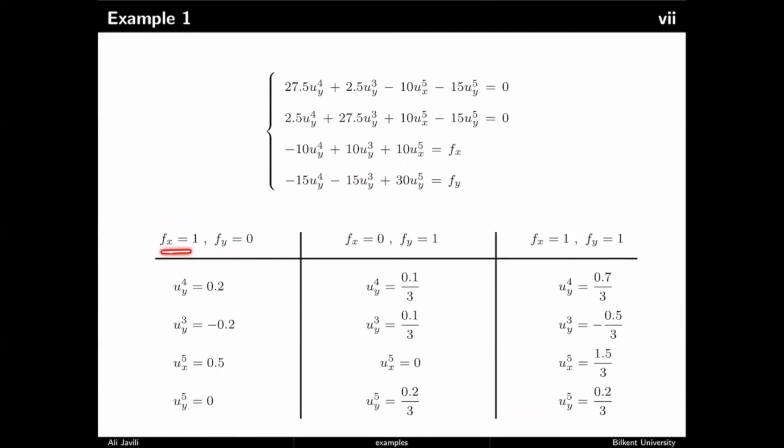For this case, you get u4 and u3 in the y direction with opposite values: u4 is positive, u3 is negative. u5 in the x direction is positive and in the y direction is 0.